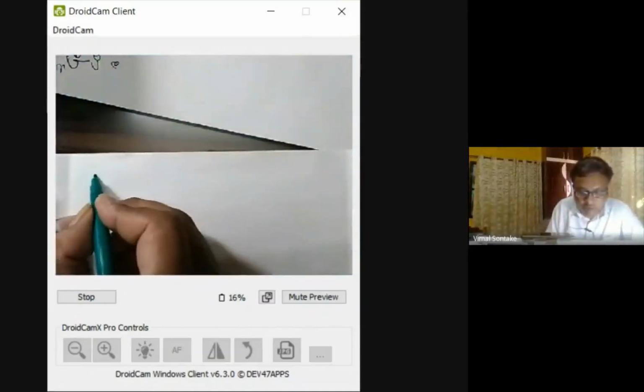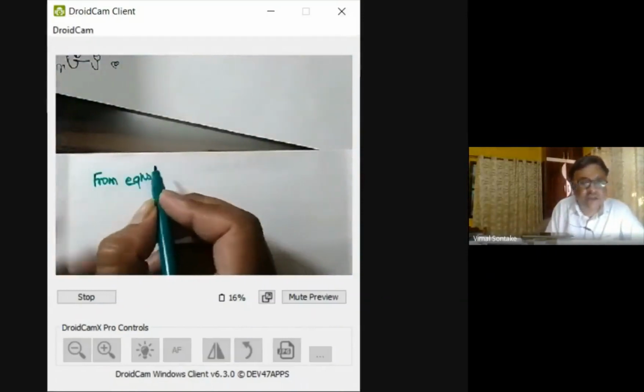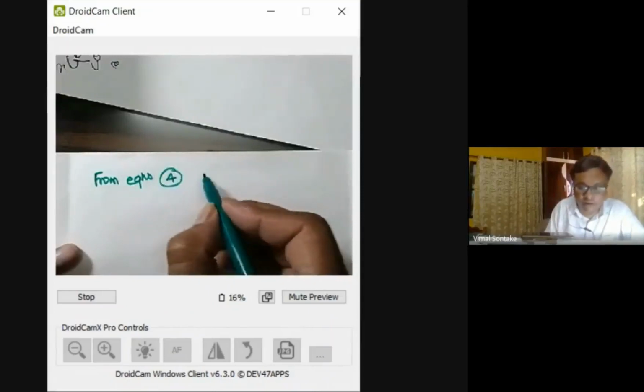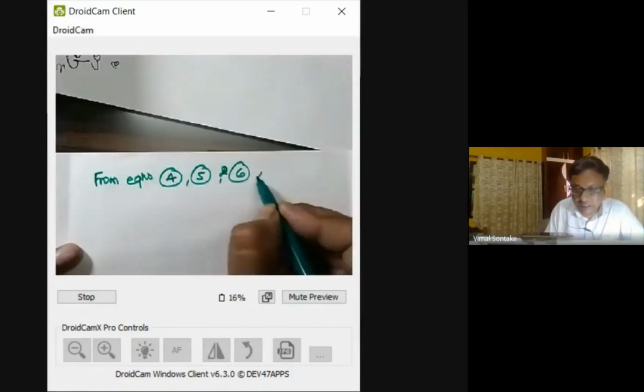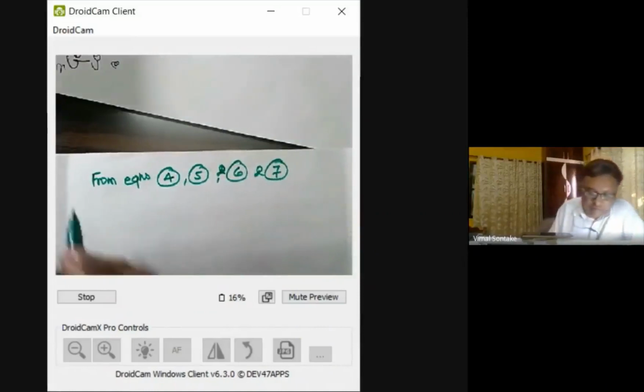So from equations 4, 5, 6 and 7, let us write down.